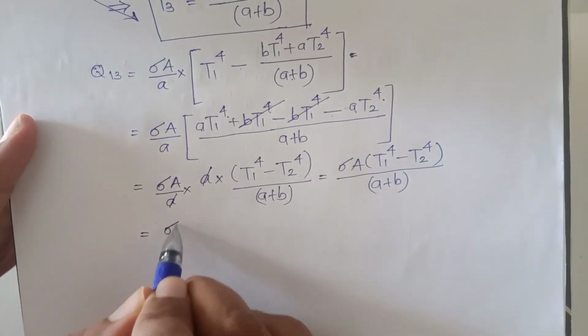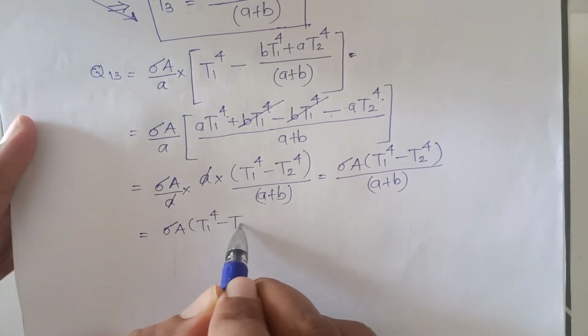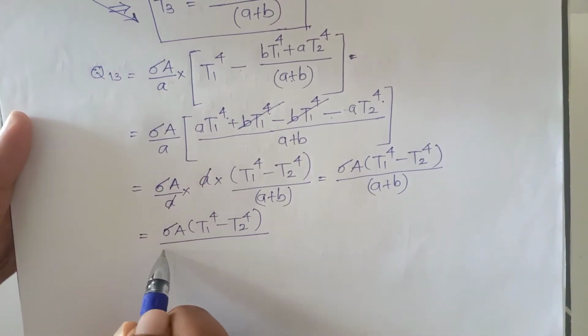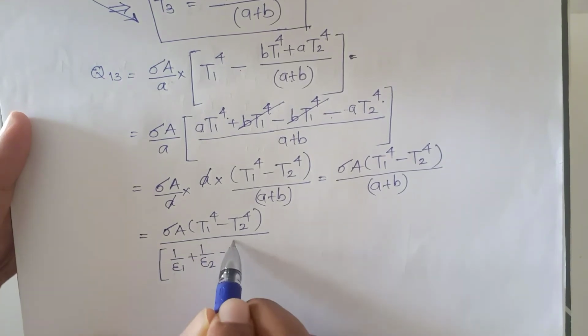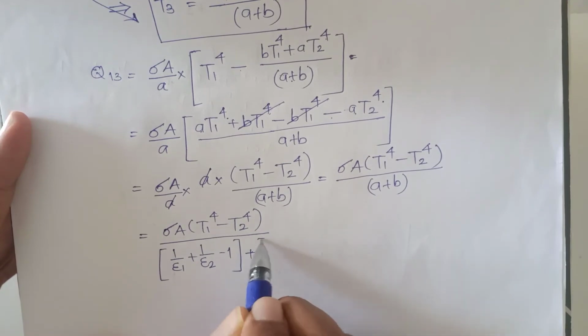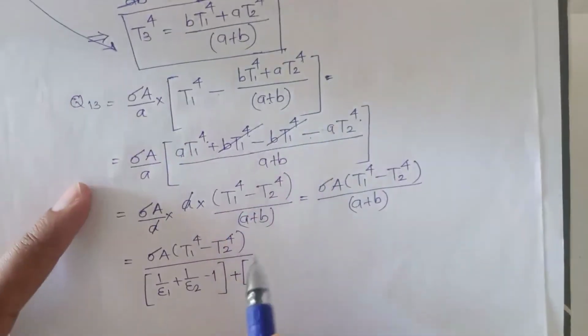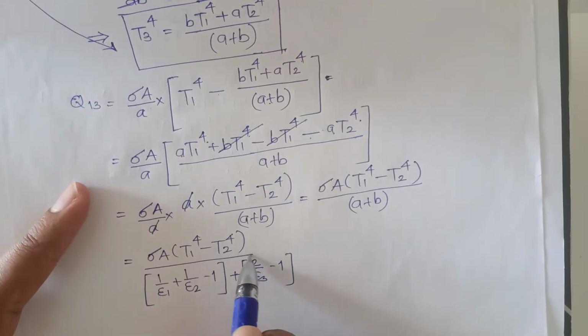So it will be simply sigma A into T1 raised to 4 minus T2 raised to 4 divided by A is nothing but 1 upon epsilon 1 plus 1 upon epsilon 2 minus 1 on this side, plus from this 2 upon epsilon 3 we can write 2 upon epsilon 3 minus 1.